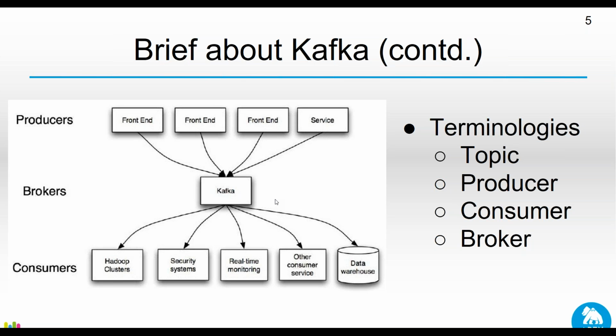On the consumer side, there could be one or more consumers for a particular topic. Their data could be read in through a Kafka client, and through this Kafka client, you could write this data into your desired persistent store. It could be a file system like HDFS, or you could write it to a SQL store or a NoSQL store, or any other storage mechanism that you might be using in your operational scenario.